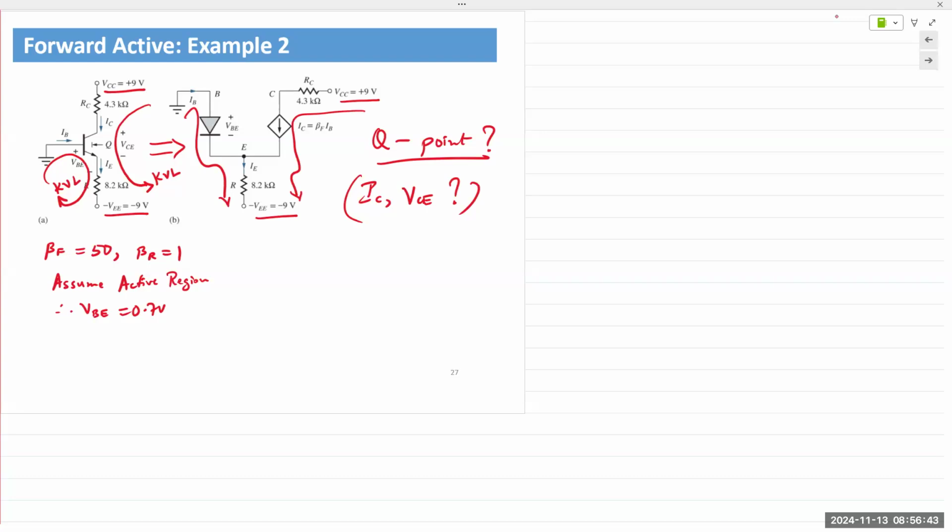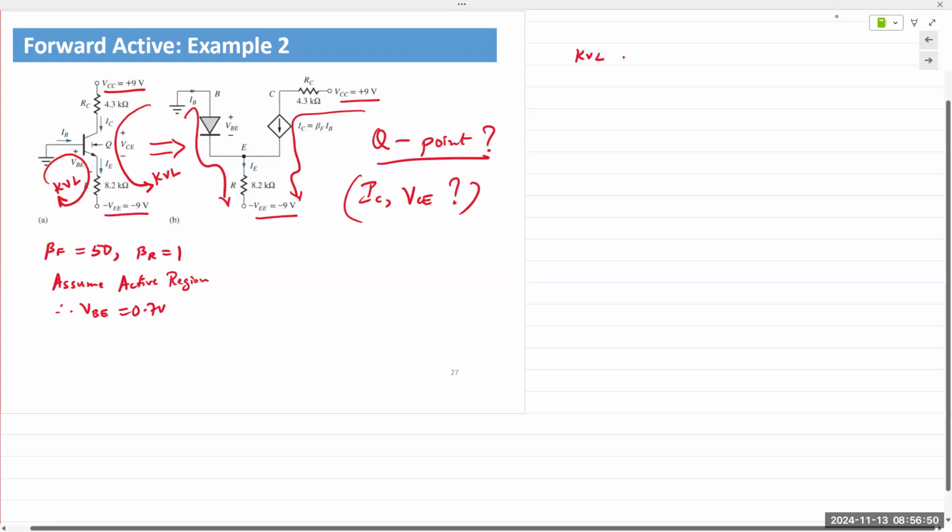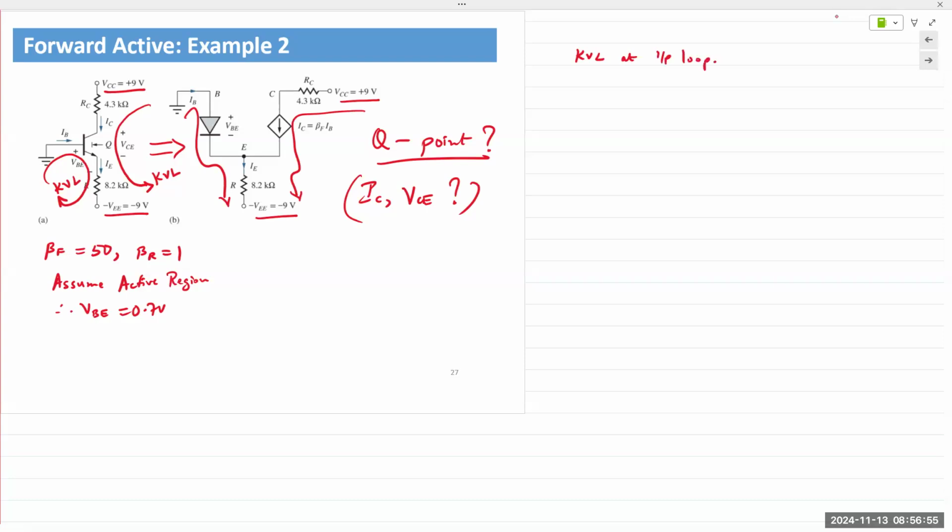So if you apply KVL at the input loop, I can write VBE, base to emitter voltage, plus the voltage drop across the RE resistor, the emitter resistor RE.